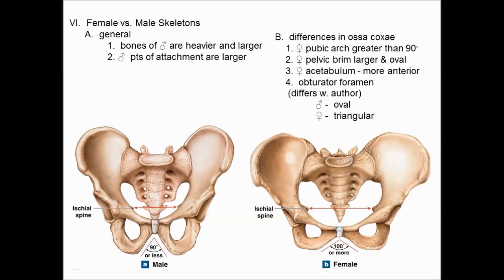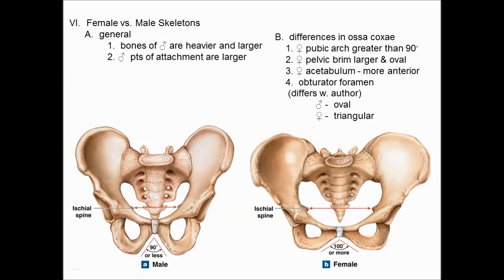Although I said larger and oval, I think the female is much rounder. The acetabulum is more anterior. This figure doesn't show it very well, but the articulation site for the femur is more towards the anterior portion in the female than the male.